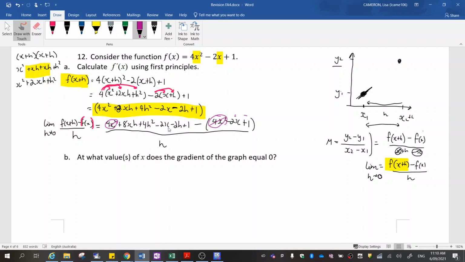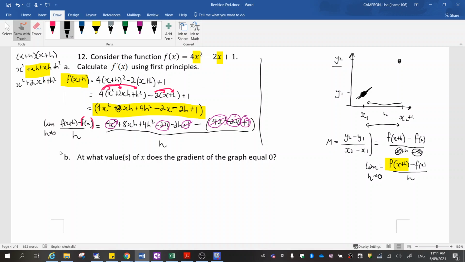Then I've got this minus 2x here, and over here I've got this plus 2x, so they cancel. Then I've got this plus 1 and this minus 1 over here, so they're both gone.